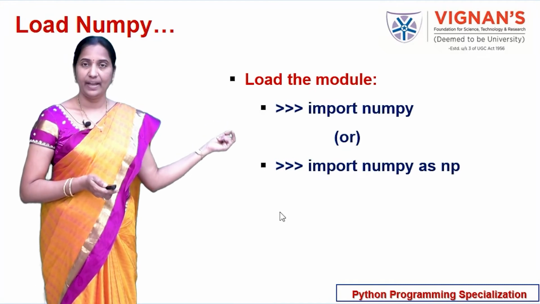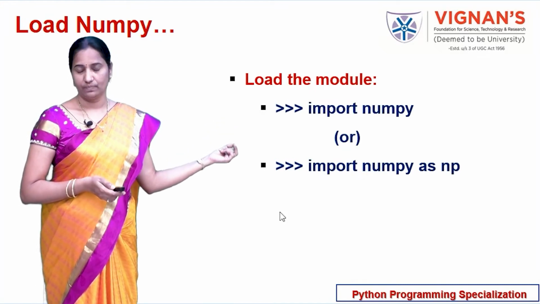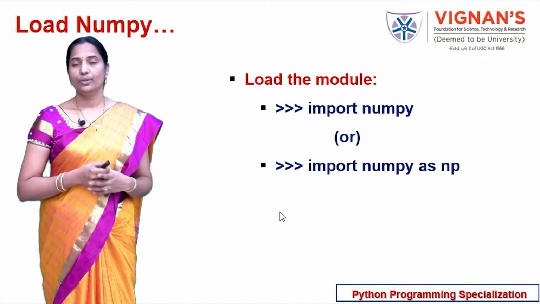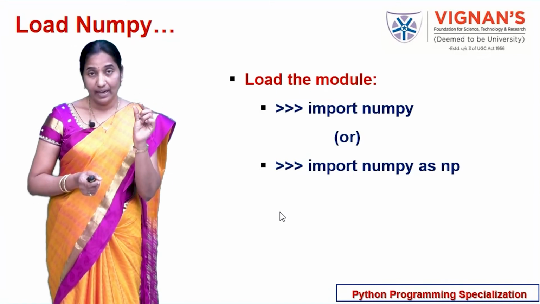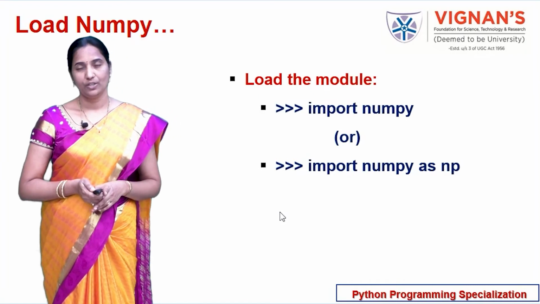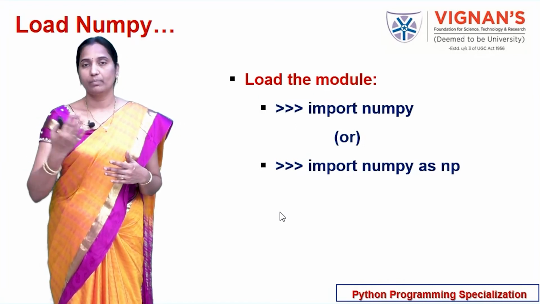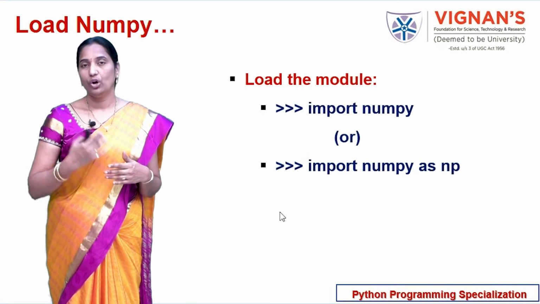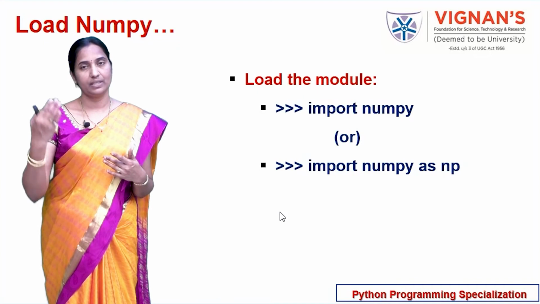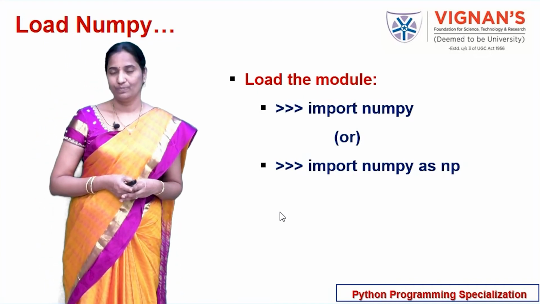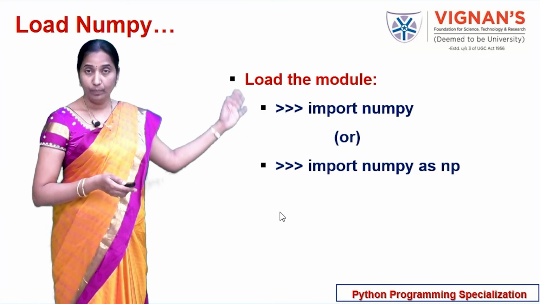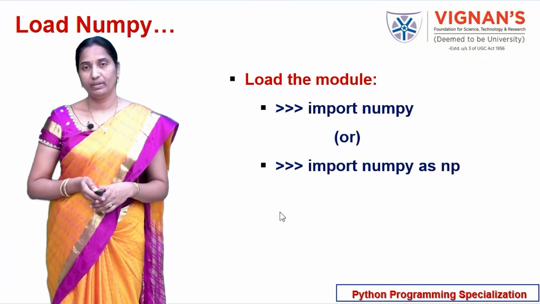Here you are creating an alias for the NumPy package. np has become the alias for the NumPy package, and hereafter you can use the alias np wherever you want to refer to the objects of the NumPy package. You can use methods like np.max, np.min, np.sum, or np.arange. That is, you are using the alias name to access various objects that are supported by the NumPy package. That's how you can install the NumPy module and import the NumPy module into your runtime environment.